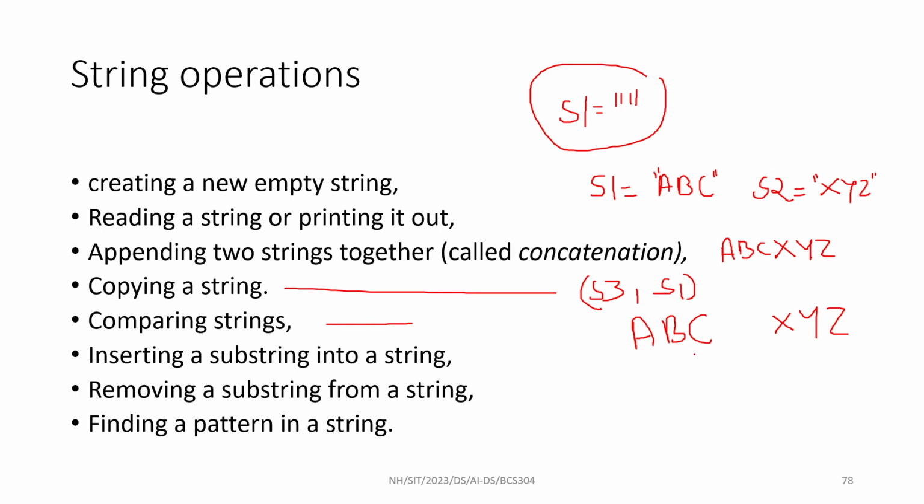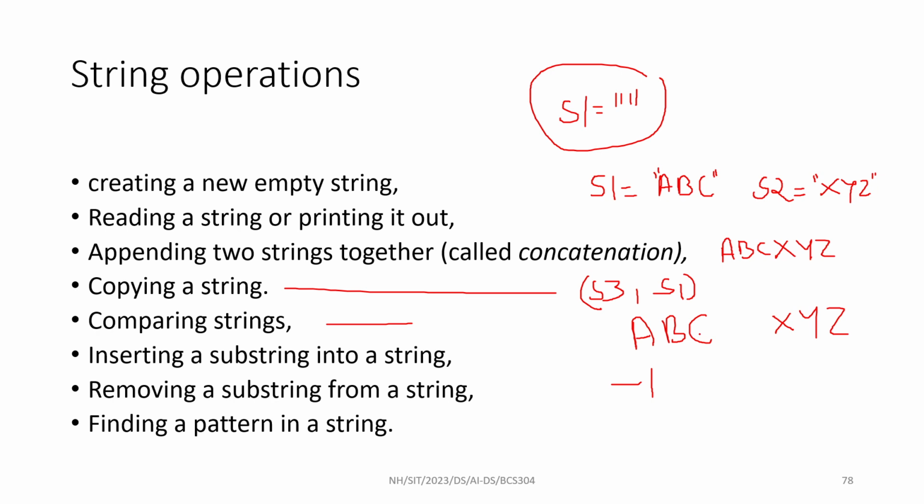So this value is smaller, this value is bigger, and it returns minus 1. Whenever the string operation returns minus 1, that indicates the first string comes before XYZ in dictionary order. Suppose I'm going to compare ABC with ABC.